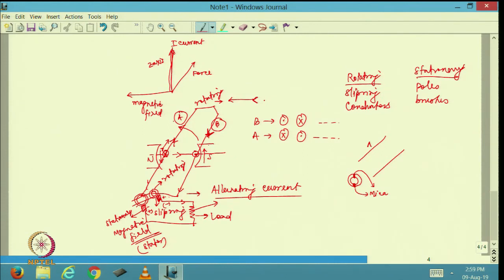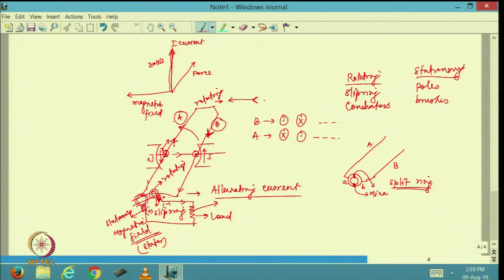Let us say this is conductor A and this is conductor B. So, conductor A will be connected to this portion of the split ring which I am calling A, and this portion of the split ring, please note this is a split ring because the ring is split into two portions and they are insulated from each other with mica. So, this portion of the split ring is known as B.